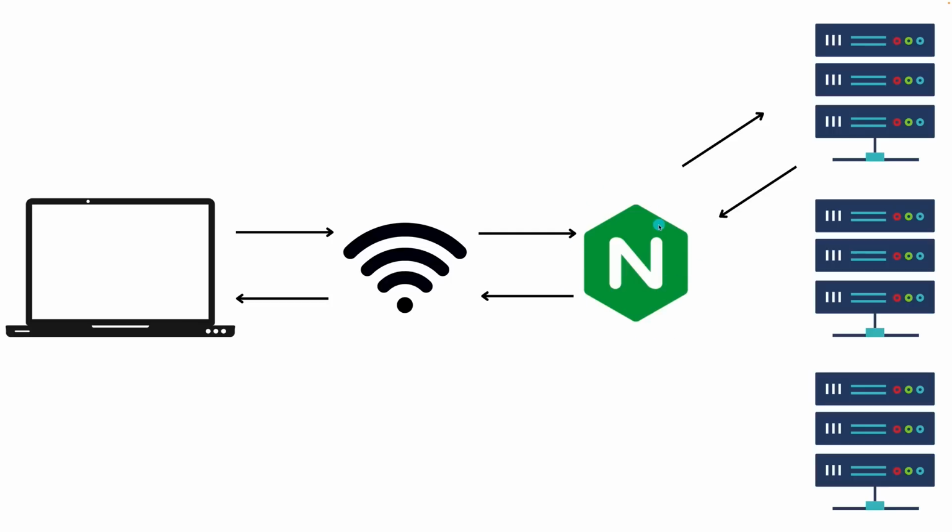Now the most common algorithm is a round robin algorithm, where the first request comes in, it just forwards it to this server and then sends it right back. Then the next request comes in, well, it already sent it to this one, so it's going to send it to this server over here, and then forward the request back. And then it's going to send it to this one, and forward the request back. And it can just keep going back and forth in a round robin approach. Okay, so that is what we need to configure.